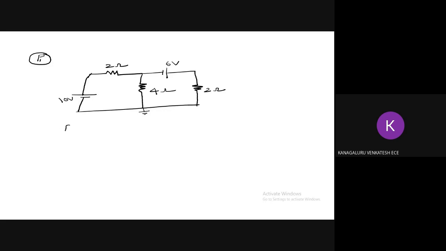The first one is to find the node voltage. The second one is the current through the 4 ohm resistor.